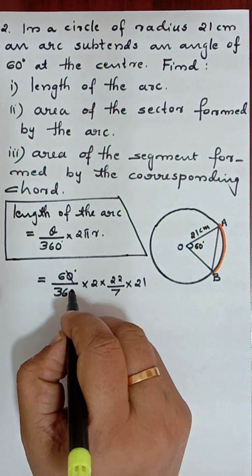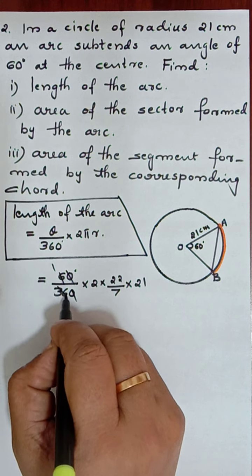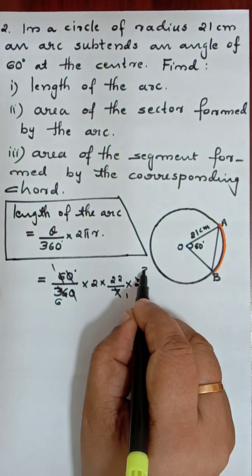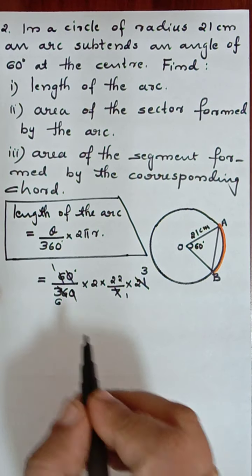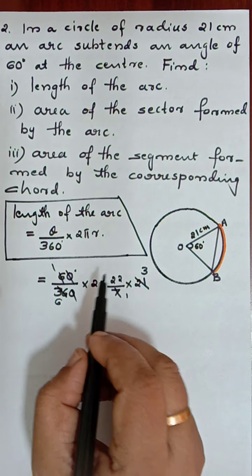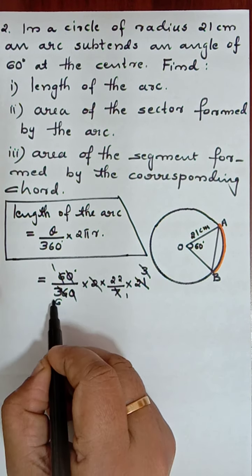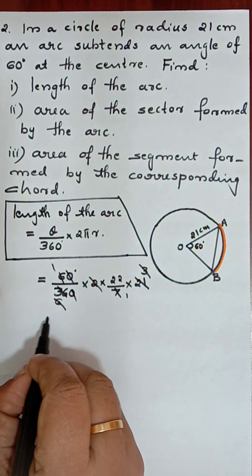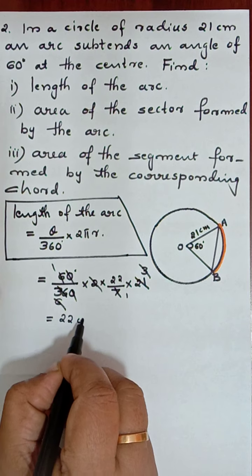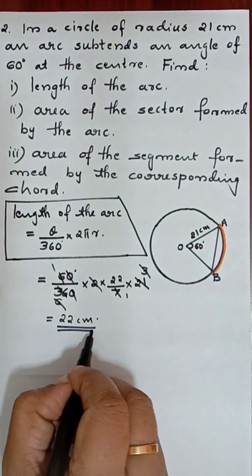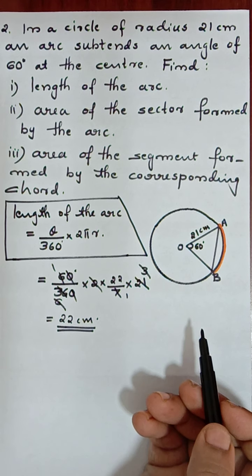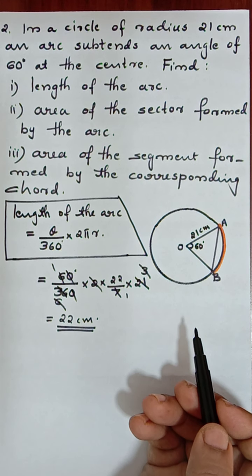We'll cancel 10 by 10, 6 1 times, 6 6 are 36, 7 1, 7 3 is 21. Okay, so 3 into 2 is 6 in the numerator, cancelling with the denominator 6. So you are left with the 22 centimeter. So first part of the question is over now. We have found out length of the arc as 22 centimeter.